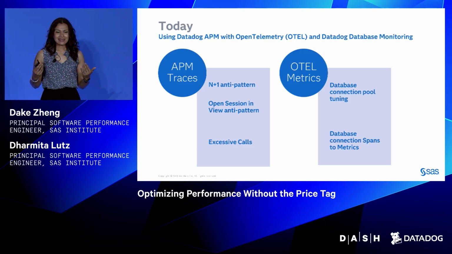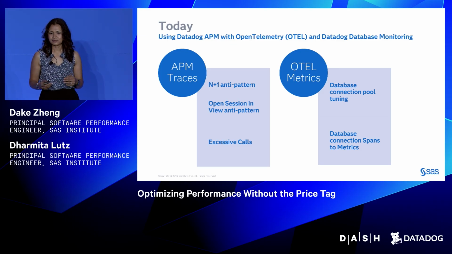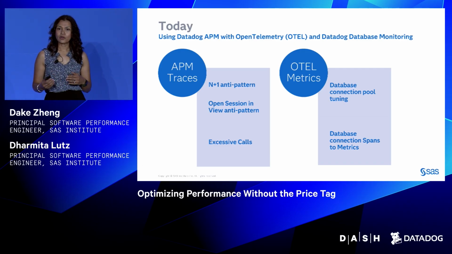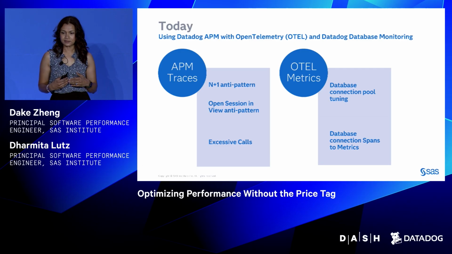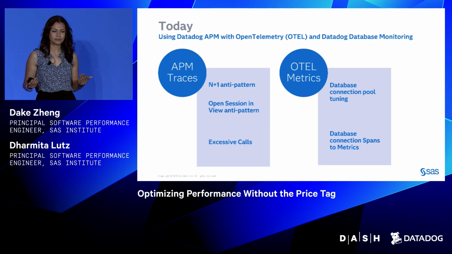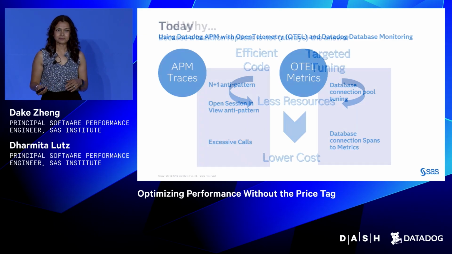We then used Datadog database monitoring to quantify the impact of these findings. And we used OTel metrics. We pulled OTel metrics into Datadog, and those metrics informed our tuning for our database connection pools. So we'll cover all that today.